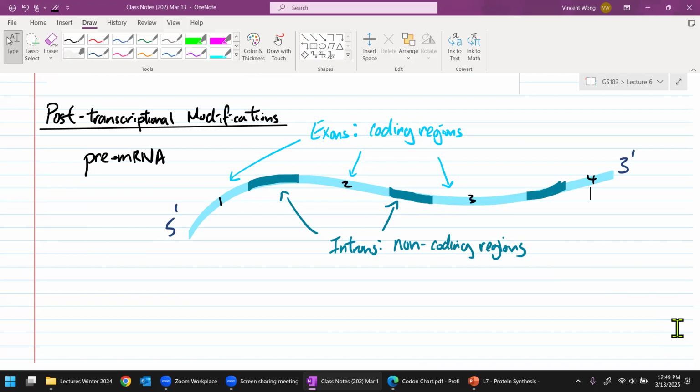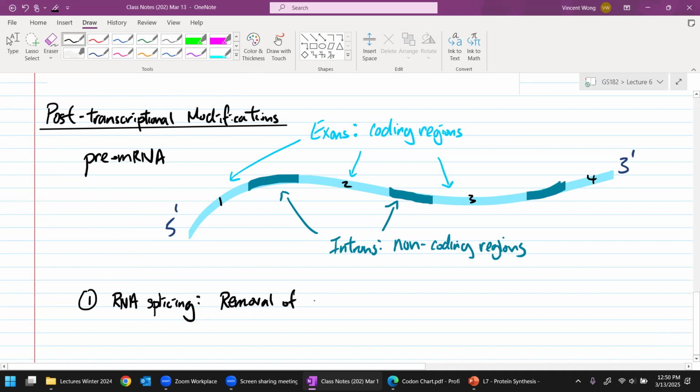Okay. So in post-transcriptional modification, step number 1 is called RNA splicing. And that involves the removal of introns and connecting exons.